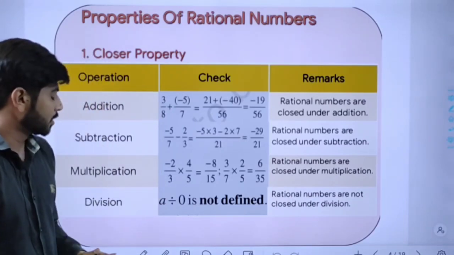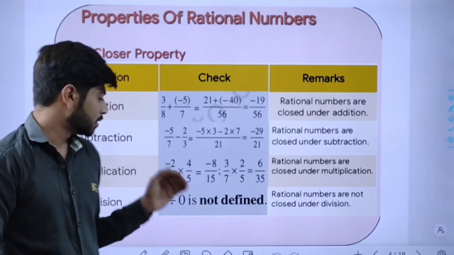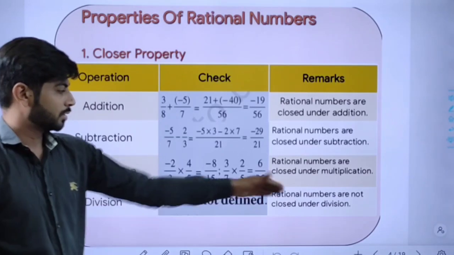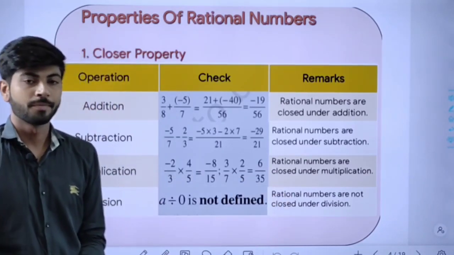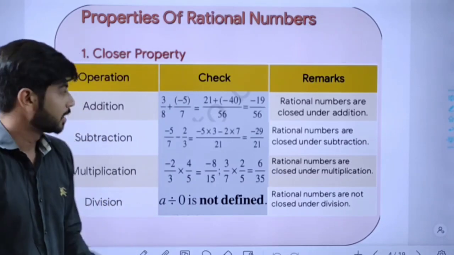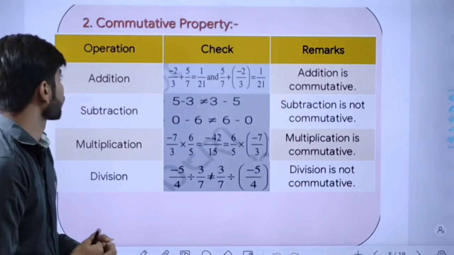So a is a rational number, 0 is a rational number, but a divided by 0 is not defined, so the division is not closed. Okay, so rational numbers are not closed under division.